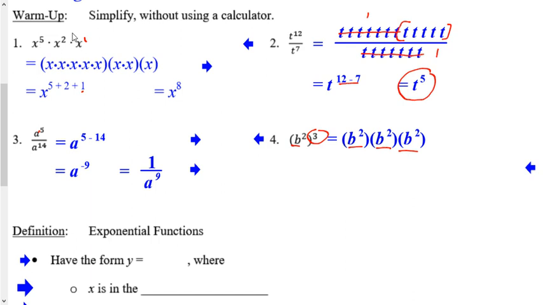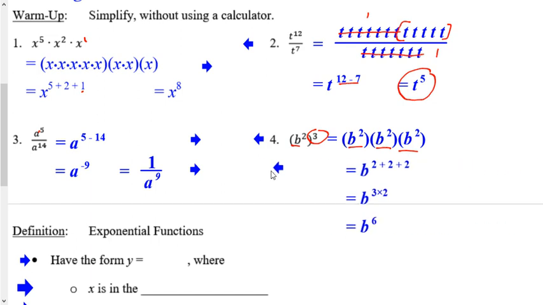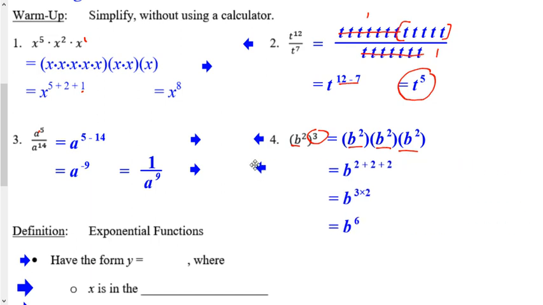So I can add those three 2's together to give me an exponent of 6. And then it might be that you remembered this shortcut where if I have a power raised to an exponent, as in this question, then this exponent of 2 and that exponent of 3 can be multiplied together to give me this exponent of 6. So again, power raised to an exponent, I multiply the exponents.